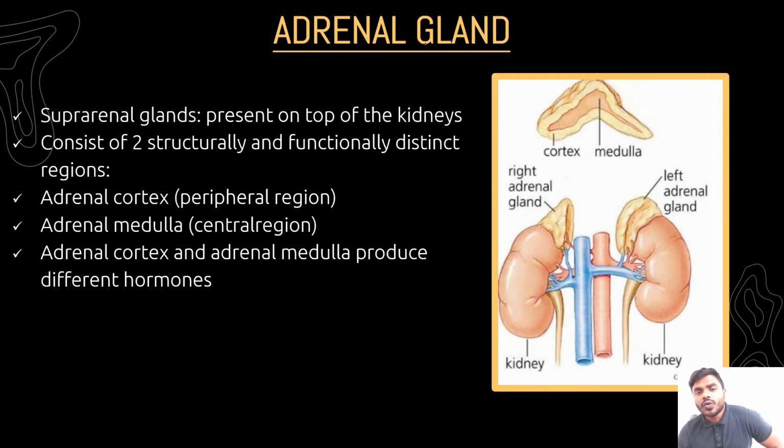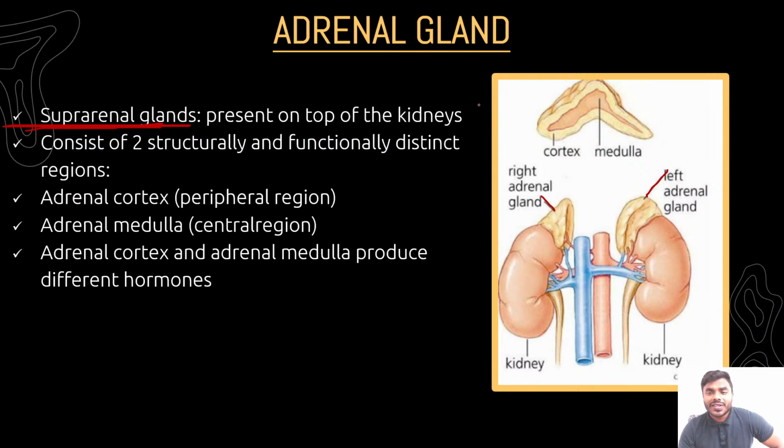Friends, when you look at the adrenal gland, we call it the suprarenal gland. Why do we use the word suprarenal? Supra means above. Renal means kidney. The glands which are located above the kidney, that's why we call it the suprarenal gland.